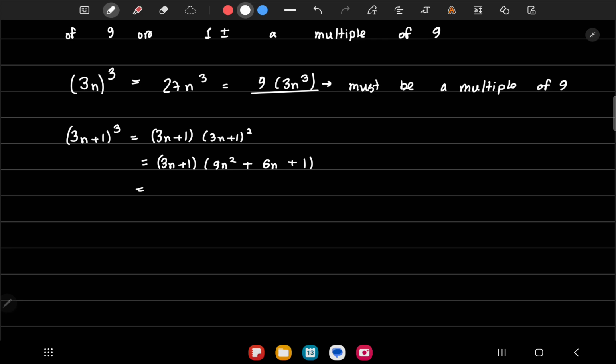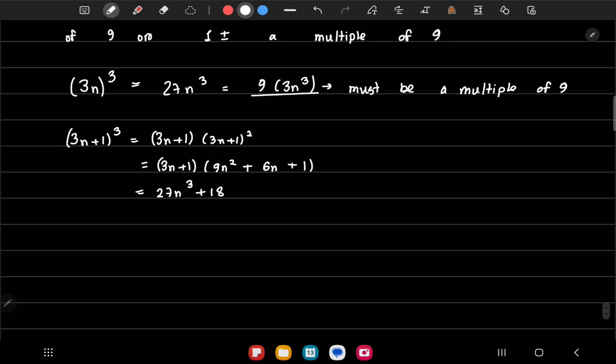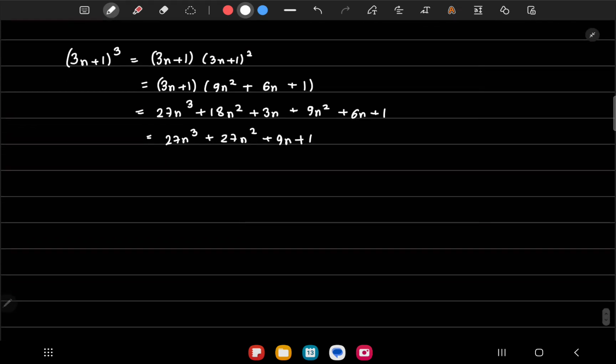This would be 27n cubed plus 18n squared plus 3n plus 9n squared plus 6n plus 1. This will be 27n cubed plus 27n squared plus 9n plus 1.